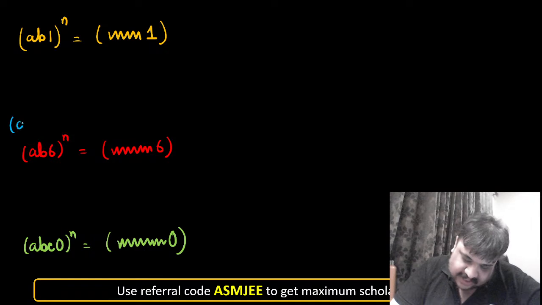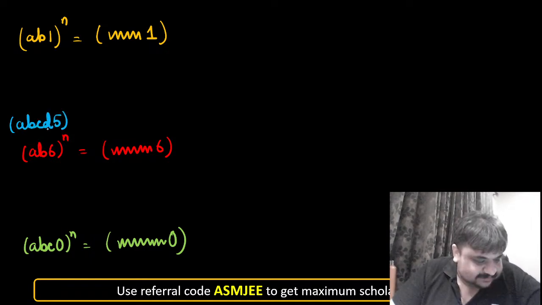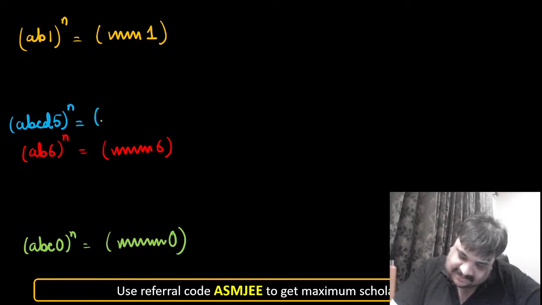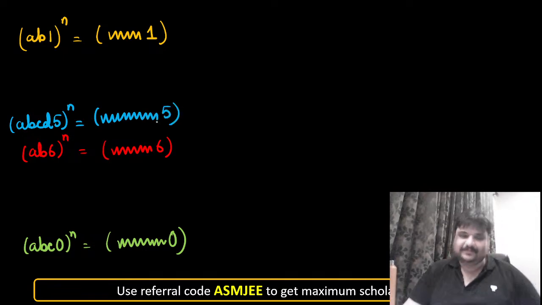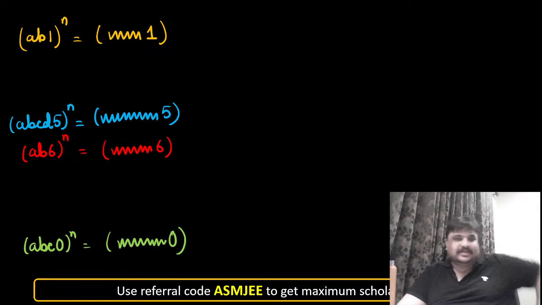Suppose the last digit is 5, any power, the last digit will be 5 only. So these are very easy last digits.